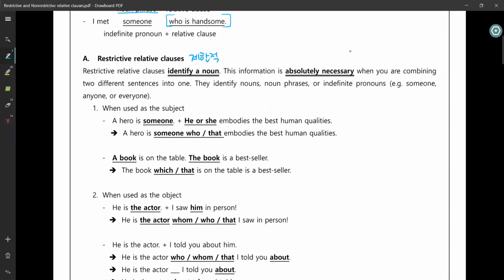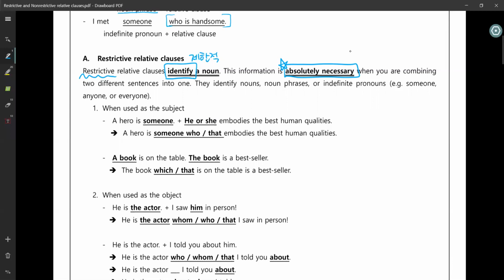Okay, so let's take a look at the first example. Relative clauses, of course, modify a noun, but restrictive relative clauses identify a noun. This means that the information you see in the restrictive relative clause is absolutely necessary to understand the noun.